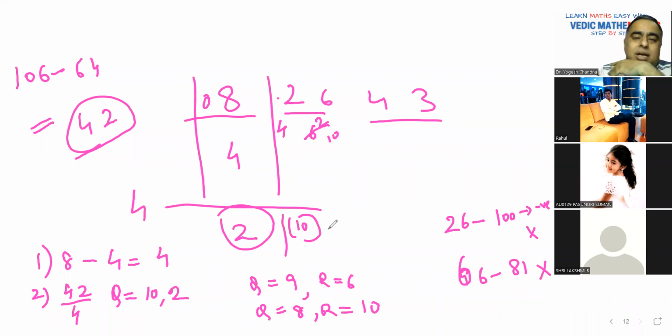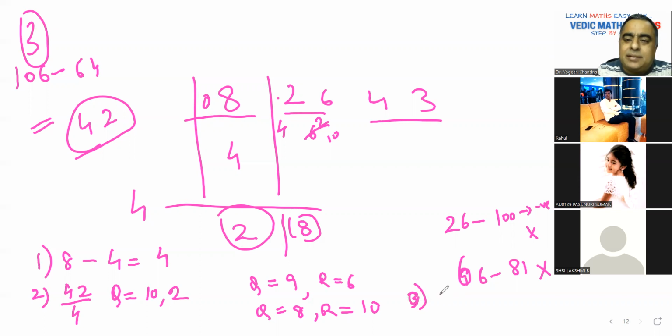After that, what do we have here? 8. Let's clear it off. We have 8 and here we have taken 42. So subtraction has been done. 106 minus 64. This is your third step, correct?